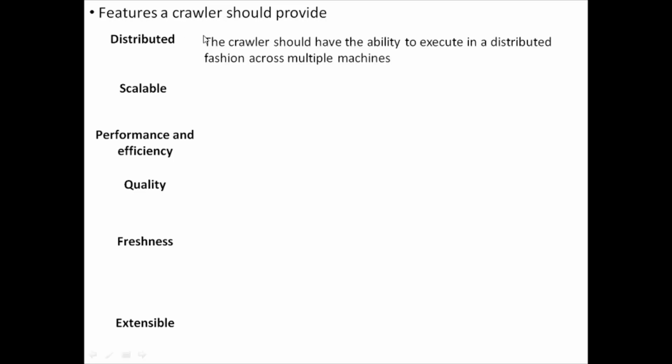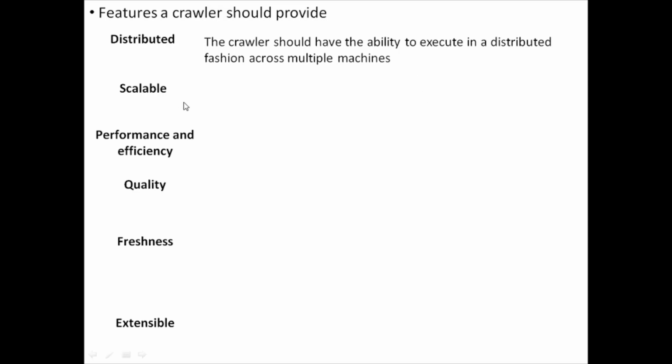Now the features a crawler should provide: there are 6 different features: distributed, scalable, performance and efficiency, quality, freshness and extensible. By distributed, it means that the crawler should have the ability to execute in a distributed fashion across multiple machines.